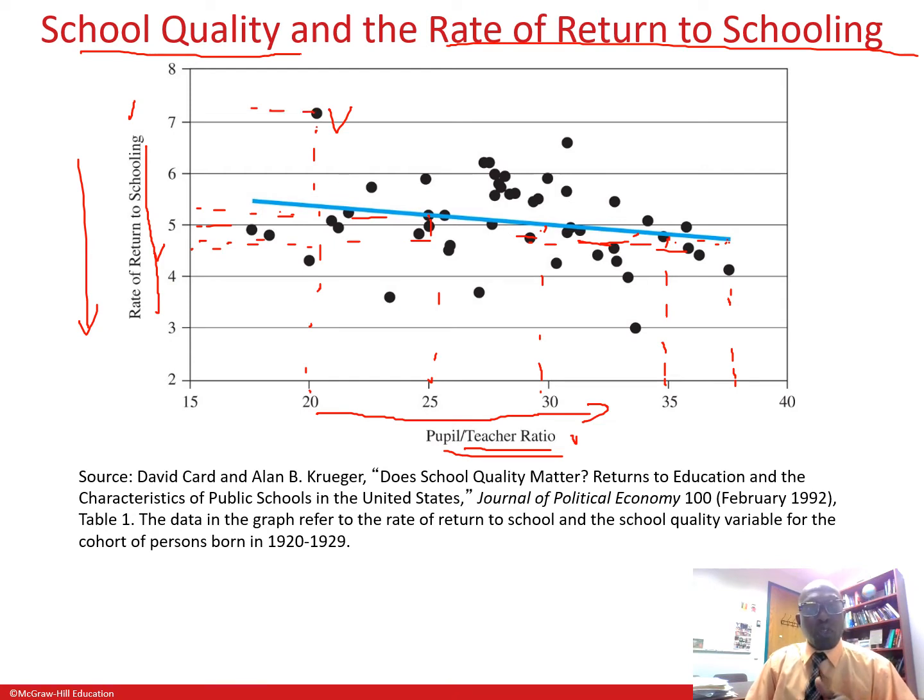The rate of return was about 7.1%. And then here is another outlier. The class size is about 34. The rate of return is only 3%. So we can conclude that children born within states that offer better schools, at least measured as a small class size, had a higher return to school when they entered the labor market.